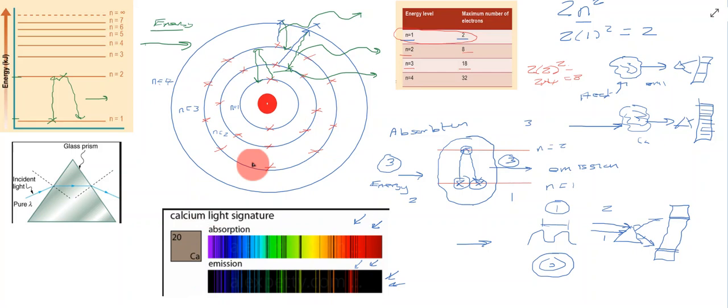Now the Bohr theory of the atom was a mathematical theory. It worked well for hydrogen atoms, and it did run into problems when applied to atoms that had more than one electron. It's still a good theory, and it still gives a good explanation as to why this phenomenon happens and how that links into the electronic structure.